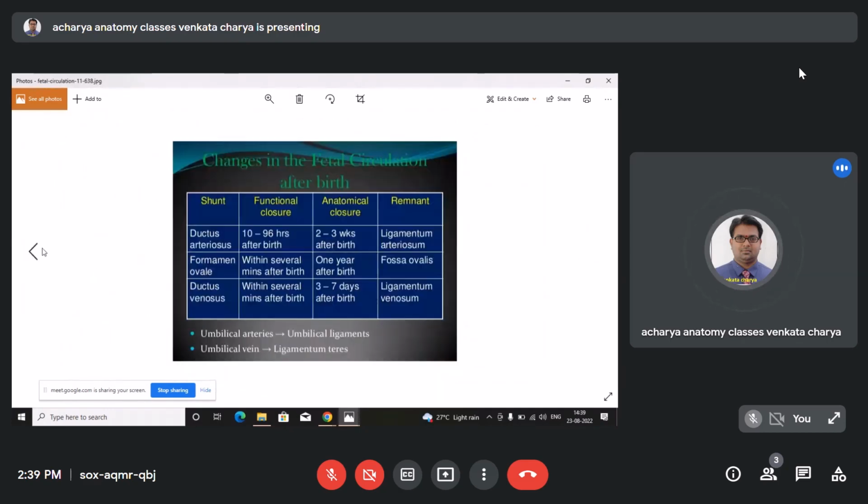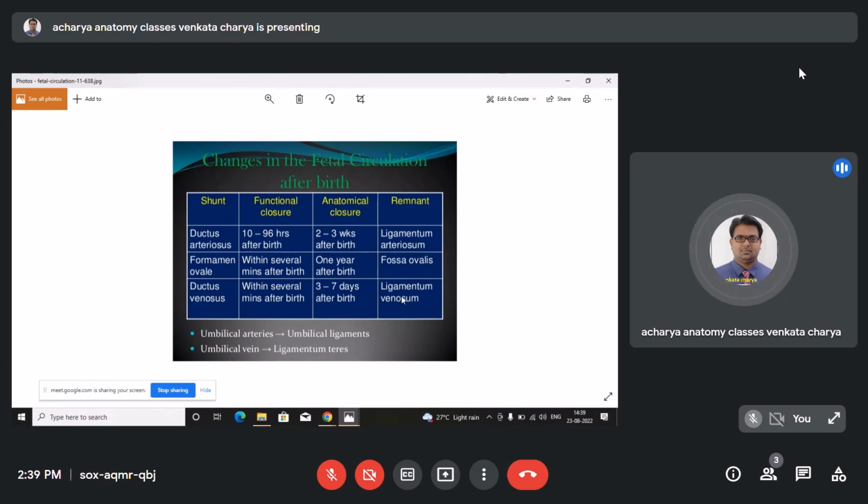Next, see here, the ductus venosus closes functionally within several minutes after birth. Anatomically it closes 3 to 7 days after birth, and it becomes the ligamentum venosum. The umbilical arteries become the umbilical ligaments.